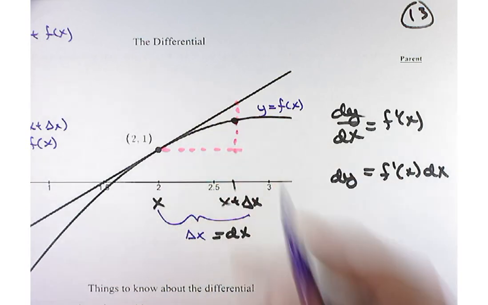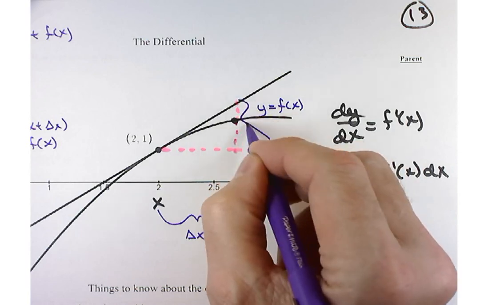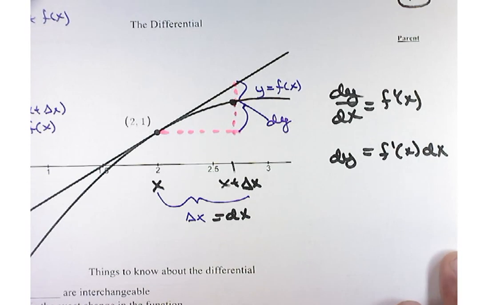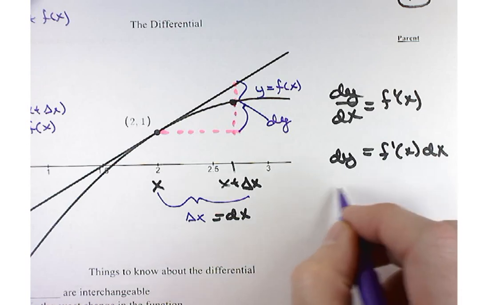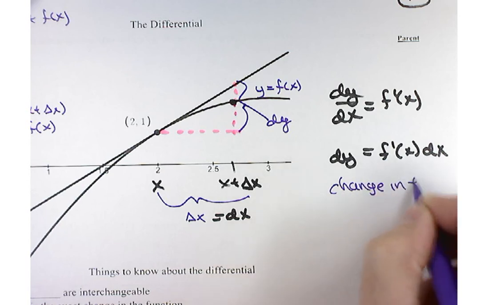So this is your dy term right here. This part right here, that's dy. dy is the change in the tangent line, whereas delta y is the exact change in the function.